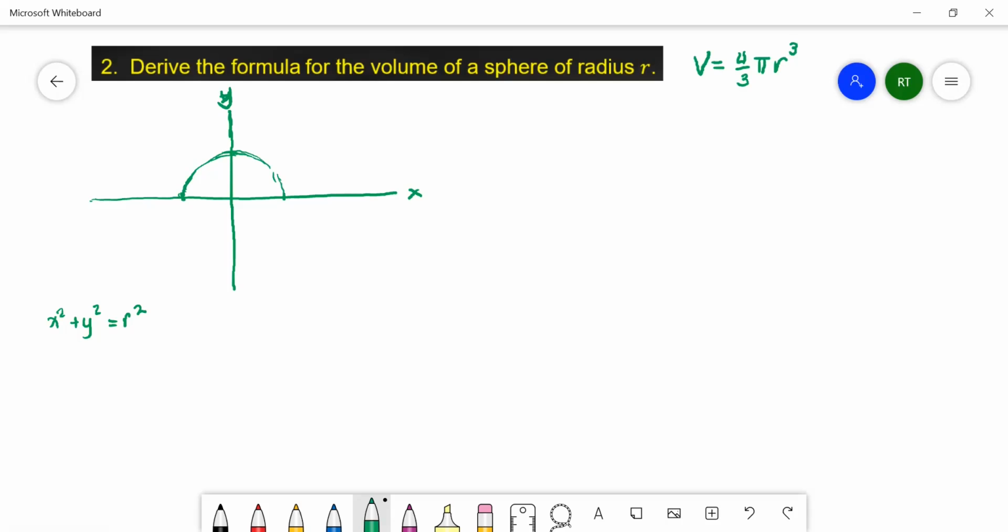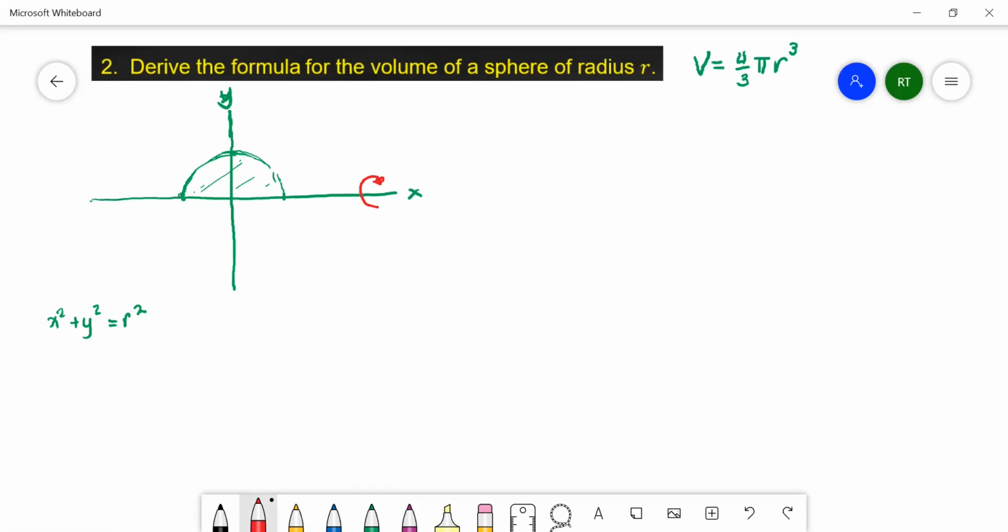And since we have a semicircle above the x-axis, the region considered is this region. And imagine revolving the semicircle about the x-axis. We can form a sphere, a solid sphere.